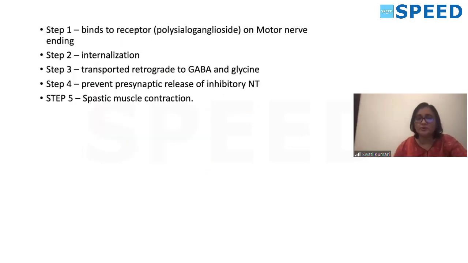These are the steps. It binds to its receptor, polysialoganglioside on the motor nerve ending, gets internalized, and is transported retrograde to the inhibitory neurons, where it prevents presynaptic release of the inhibitory neurotransmitters GABA and glycine. So the muscle will be in constant contraction.